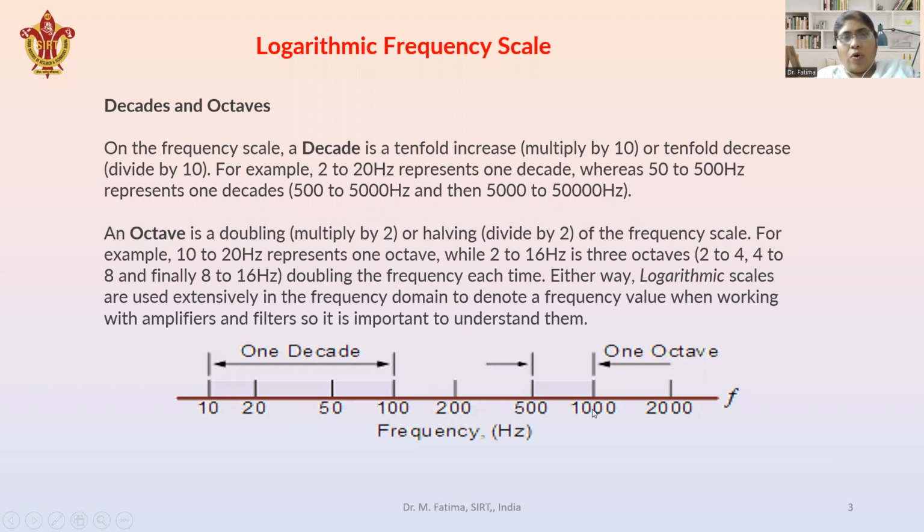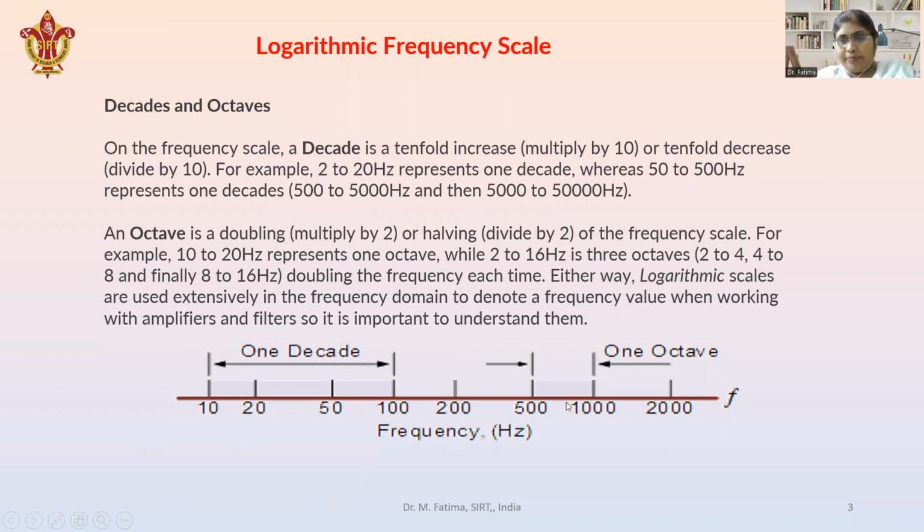The next is the octave. An octave is doubling. Whatever frequency value you are taking, if it is multiplied by 2, this defines an octave. Like here, if I take 10 and multiply it by 2, the value will be 20. So the frequency from 10 to 20 defines one octave.